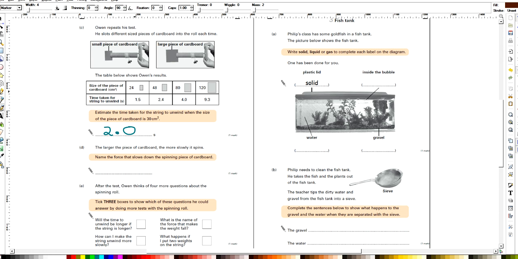So as the cardboard increased in size, the time taken for it to unwind also increased. Name the force that slows the spinning piece of cardboard down. Put your hand up if you know what the name of that force is. No, not gravity, that won't stop it spinning. What is the force that's slowing it down from spinning?